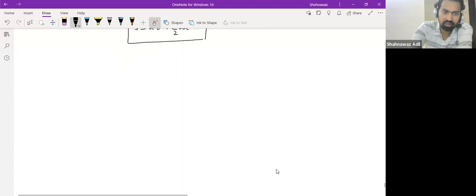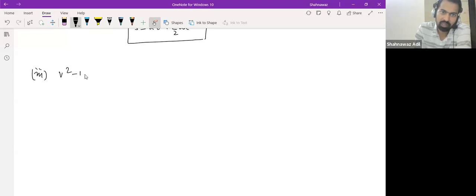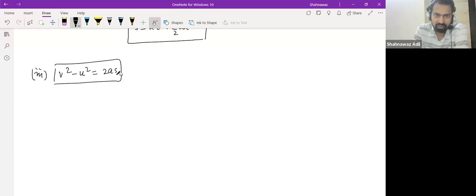So now the third equation, right? Again, we have a third equation, which is v square minus u square, it is 2as, right? So again, we see s and we see v.